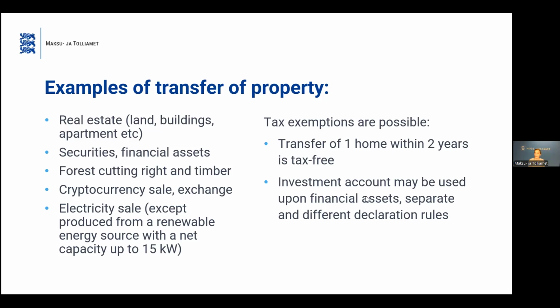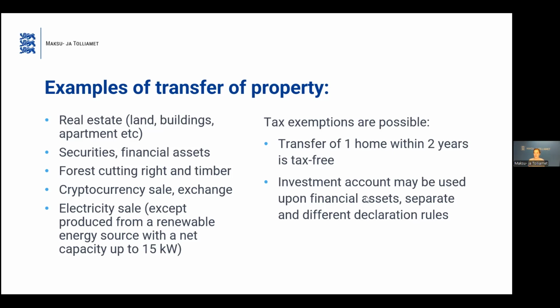Actually, we have more tax exemptions available in the Income Tax Act in Estonia, but I only give you a brief introduction of some of the most popular ones. For example, transfer of one home within a period of 2 years is tax-free. If you have more homes and sold within 2 years, then another one and the next one is taxable. Only one is tax-free.